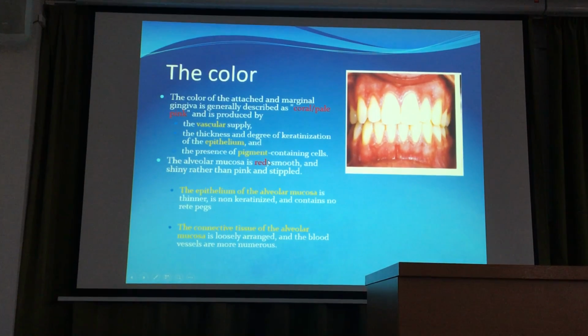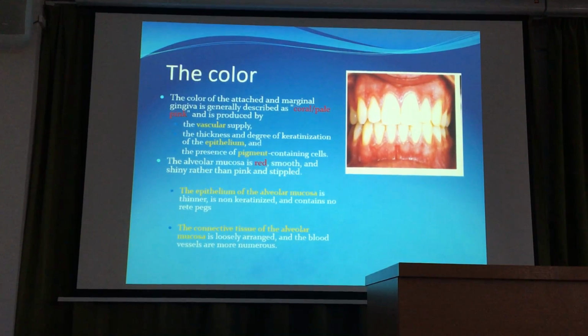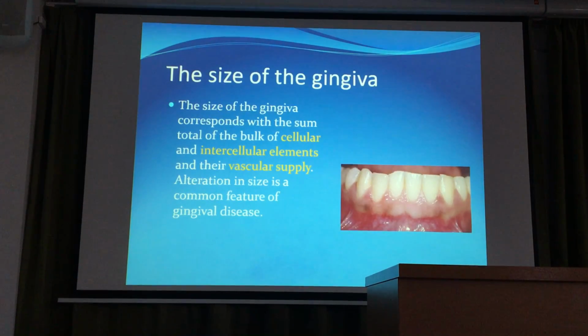A racial pigmentation, which is a normal condition, of course. So the normal color is pale pink, and if you see reddish conditions, it is probably inflammation.